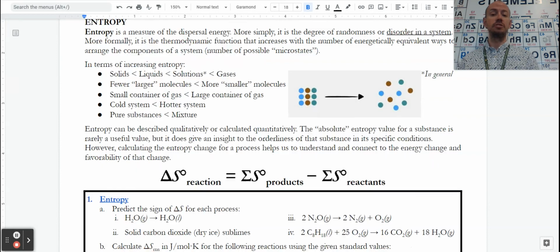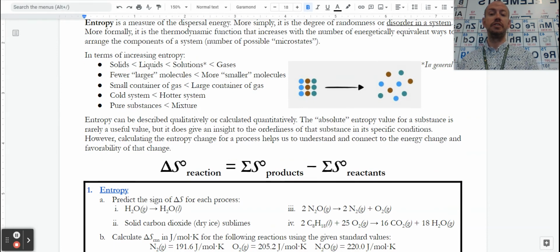Some important things that we'll see as we do this in the equation is the unit is joules per mole Kelvin, because different temperatures change our entropy. And obviously, it would be an amount per mole, not per individual atom. And then it does relate to the amount or the dispersal of energy. So we want to be able to use this conceptually, but also apply it mathematically.